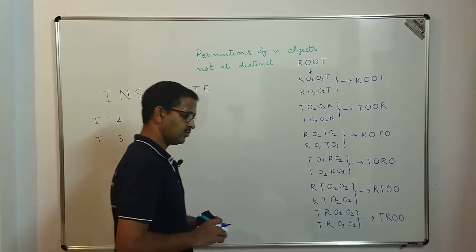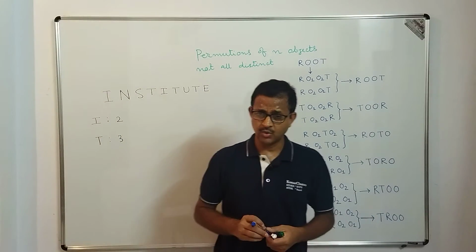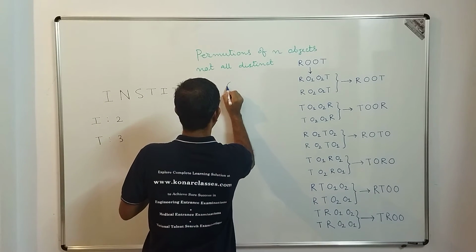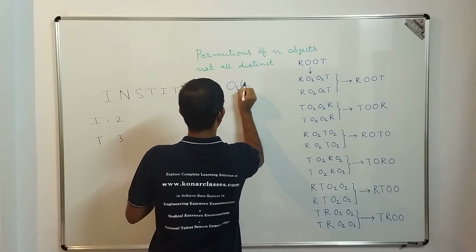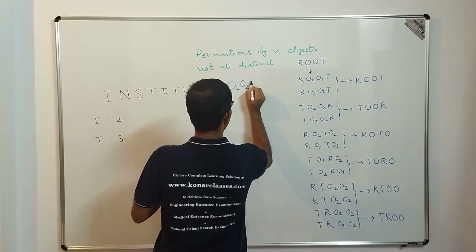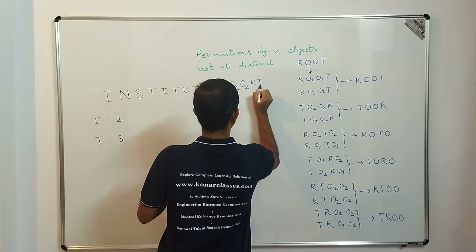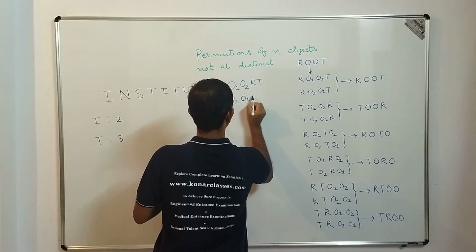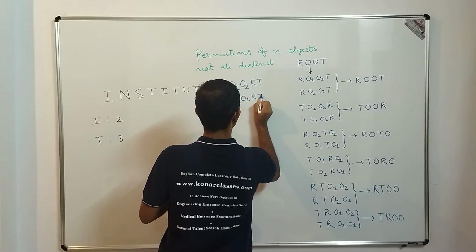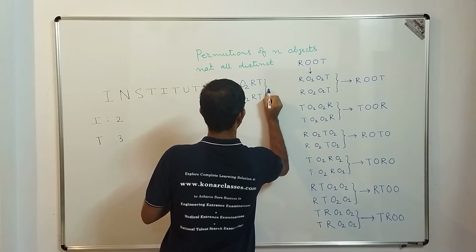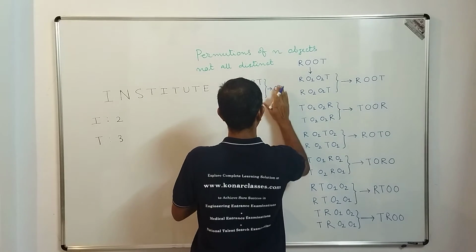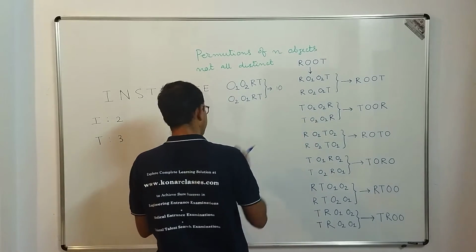Now the next one. What can become ROO T? We get O1 O2 RT, and similarly O2 O1 RT. This can be clubbed together and we get OO. Let me write it properly.